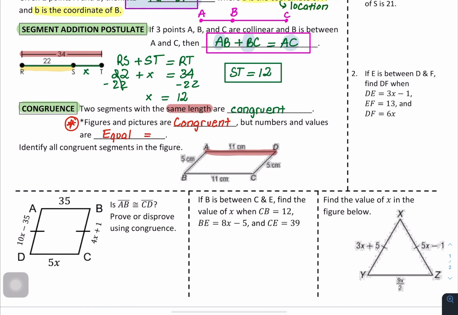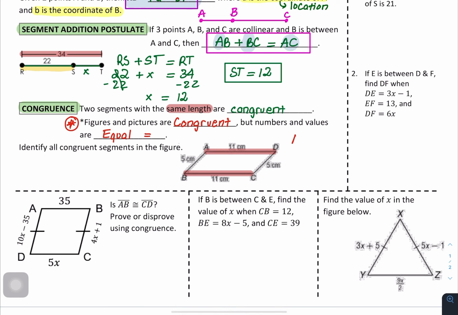We see AD and BC. AD is 11 centimeters. BC is also 11 centimeters. That is why AD has the same length as BC, and therefore AD is congruent to BC.